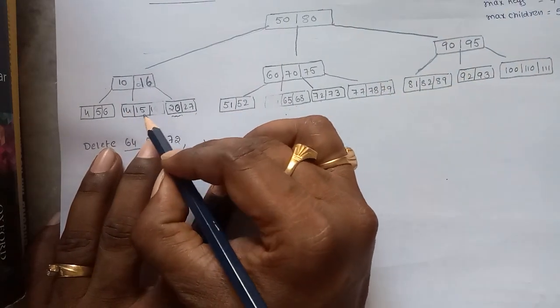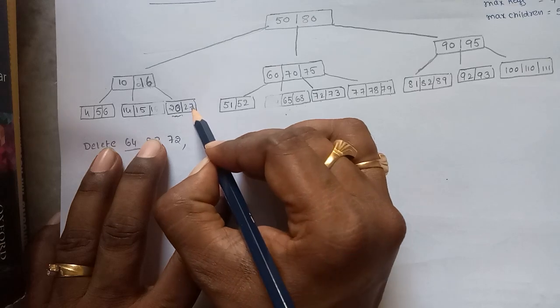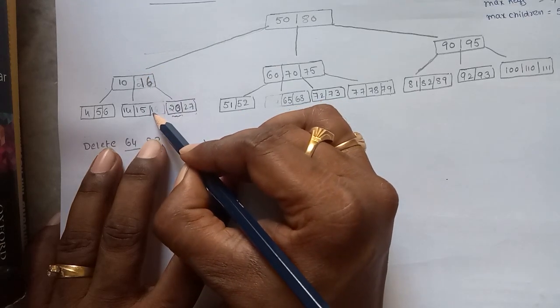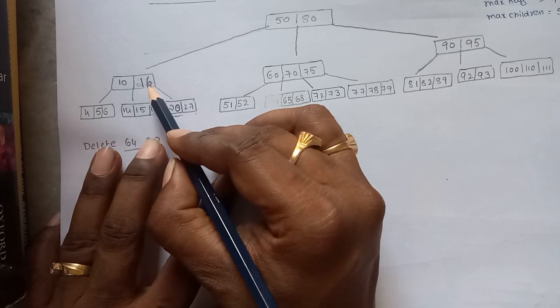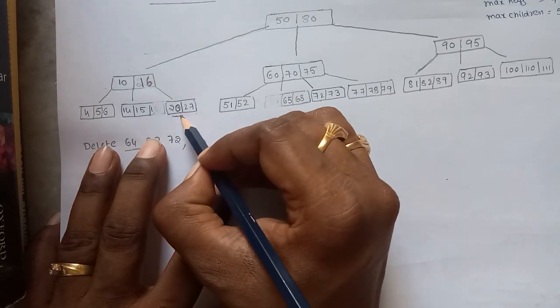In the previous case, if you borrow from the left sibling, the largest element of the left sibling is copied into the parent, and the parent value is copied into the violated node.